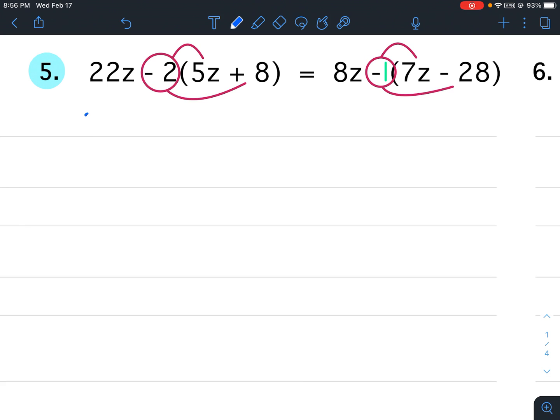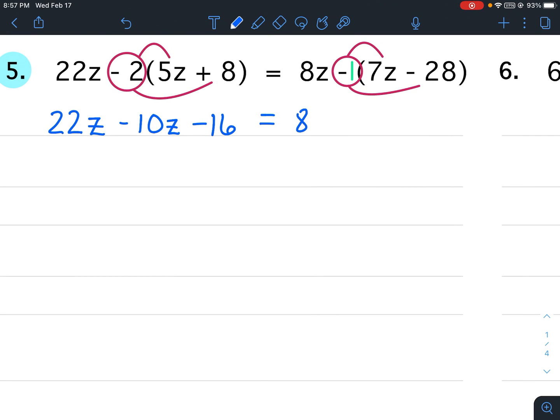I'm going to bring down the 22z. -2 times 5z would be -10z. -2 times 8 would be -16. Keep the equal signs lined up. Bring down the 8z. Now I'm going to distribute -1.